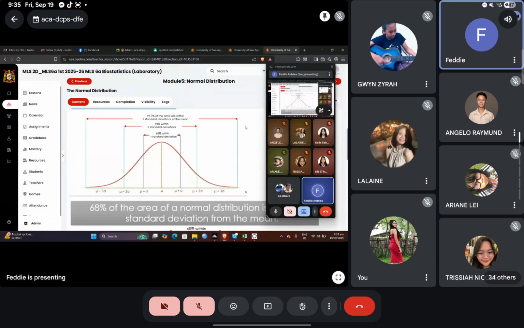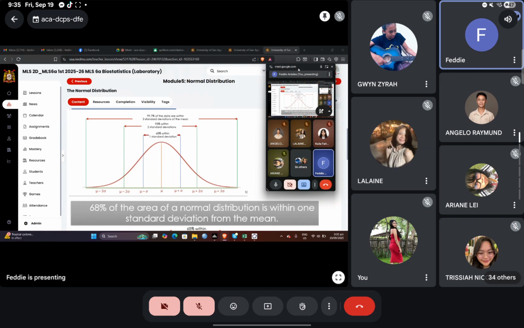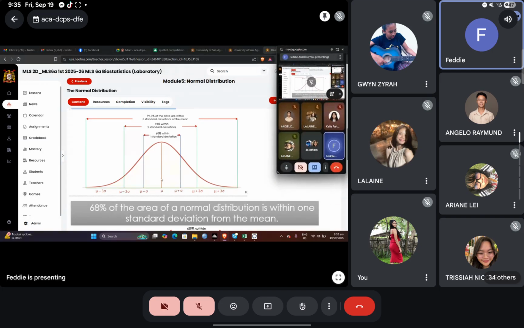As I mentioned in the properties, the total area of the bell shape is 1 or 100%. This area is divided into parts. We call this the empirical rule.